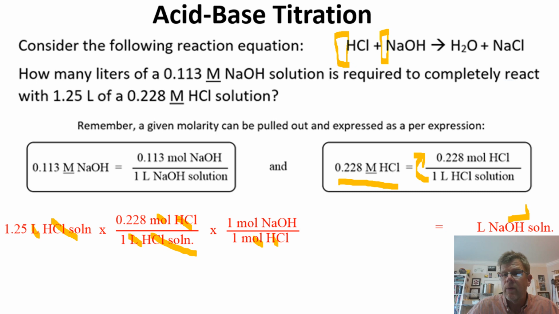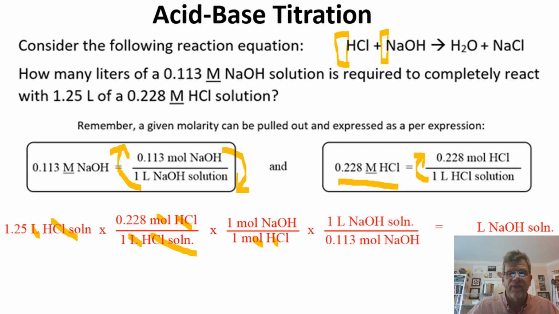Now remember, we have another per expression here, that molarity. That's the doorway between moles of NaOH and liters of NaOH solution, just like we said before with the HCl example. In this case, as before, we're going to have to take the reciprocal of this particular per expression right here, turn it on its head, and the only reason for that is now we can cancel numerator to denominator moles of NaOH.